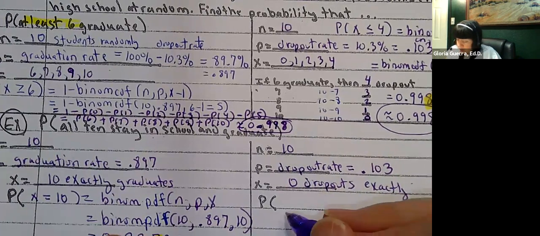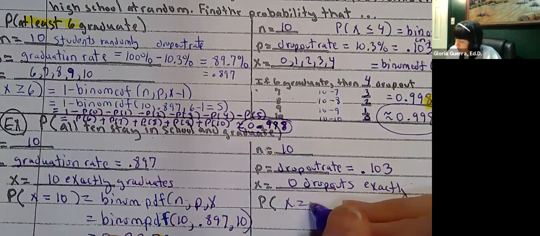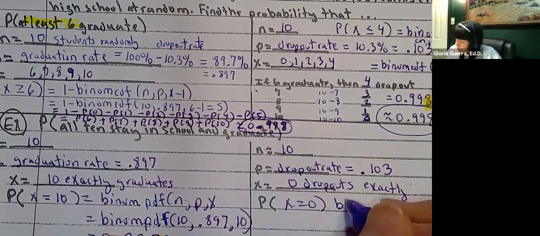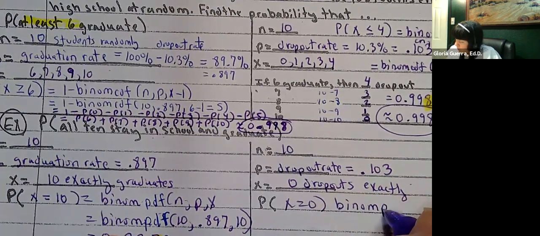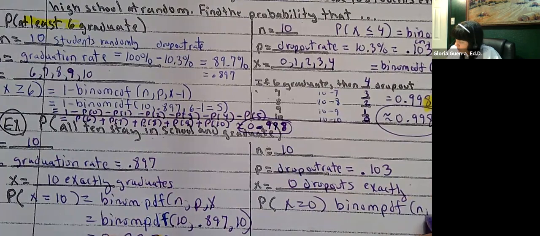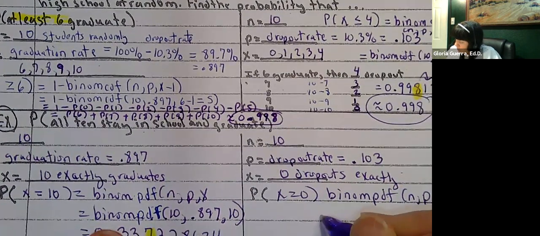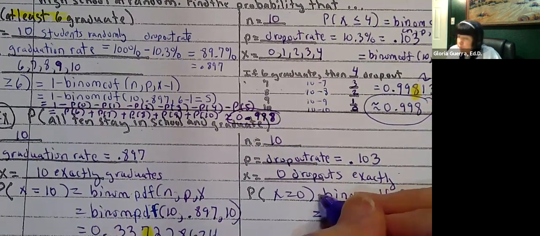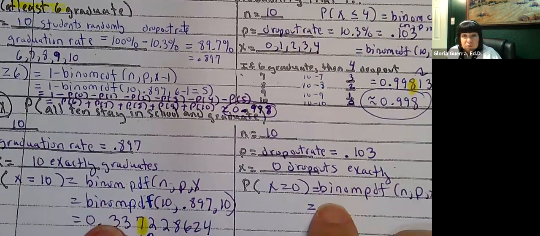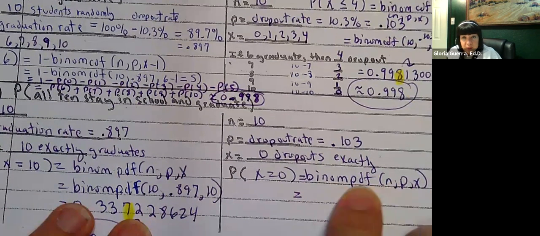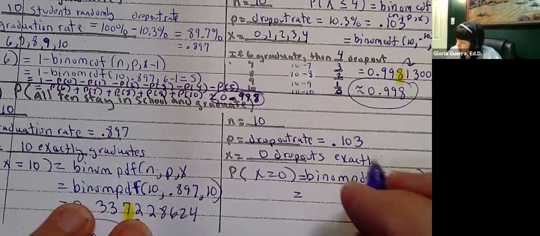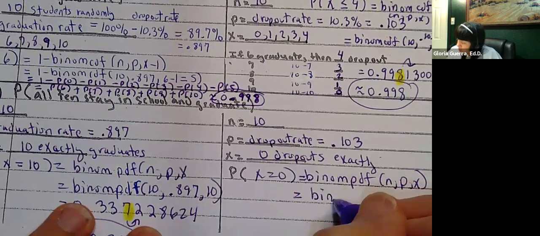So this is going to be P of X equals 0. Binomial PDF in PX. And so remember on your test, I want to see the formula, like the command, and then the substitutions.